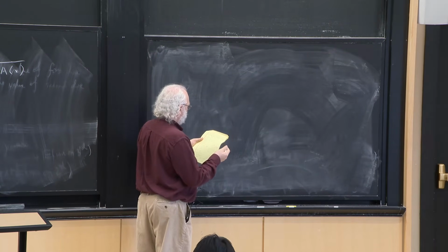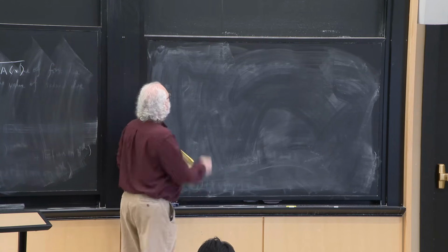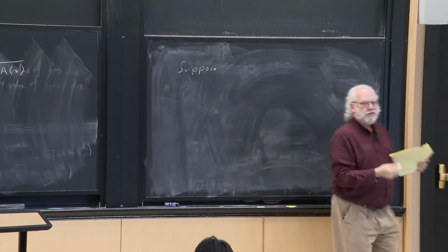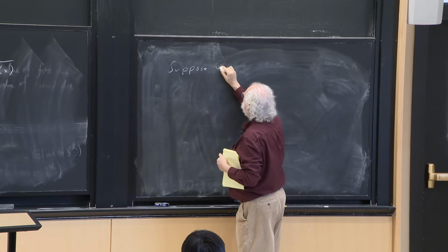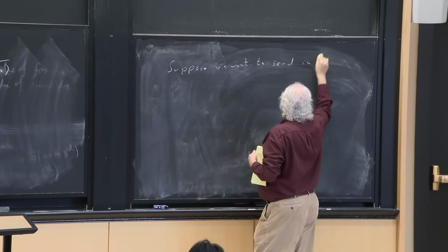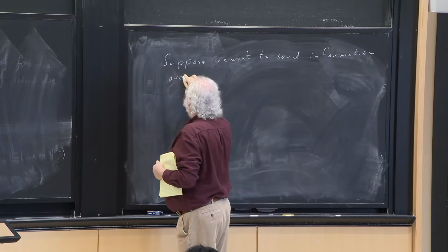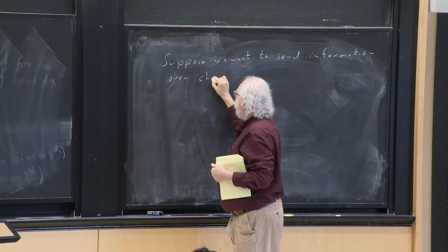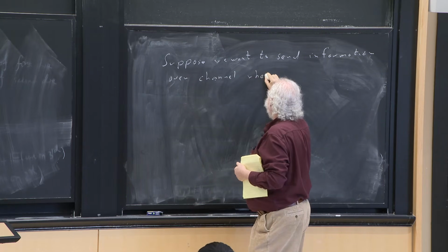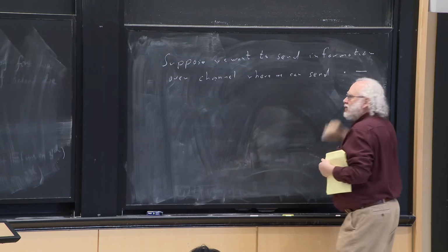Okay, so let's start with another question. Suppose we want to send information over a telegraph type channel where we can send a dot and a dash.